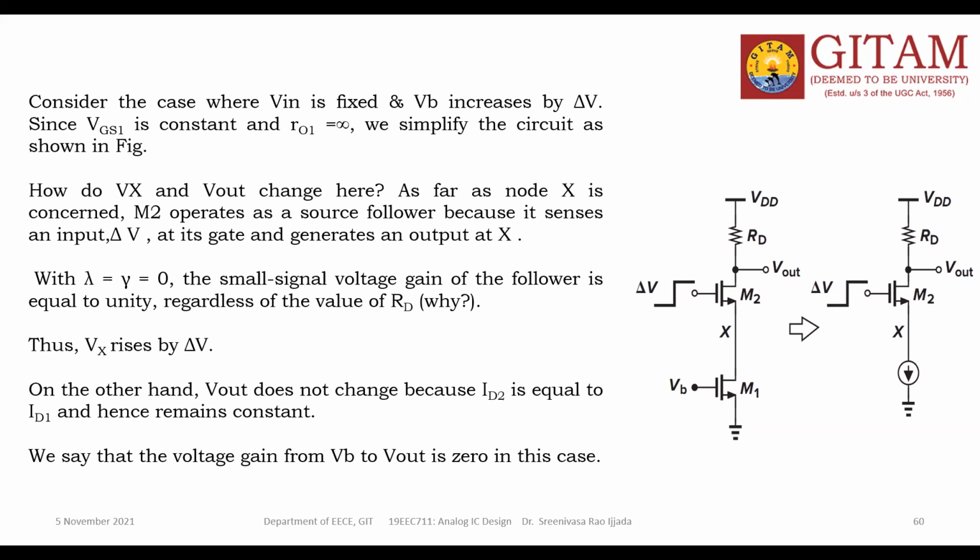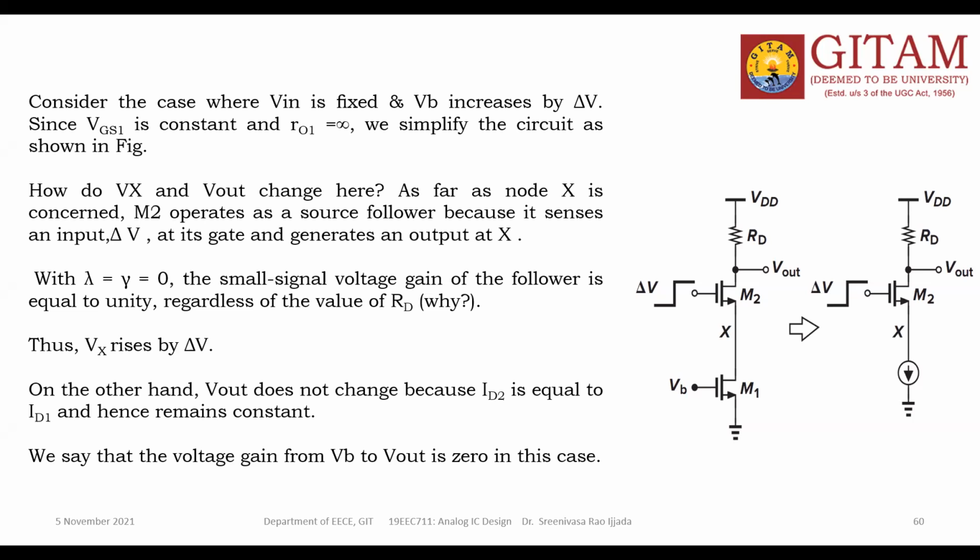There are two cases here. Anyhow, in the Cascode, two things I have observed. What happens if the M1 gate has some changes in voltage and the M2 gate is constant at that moment of time.